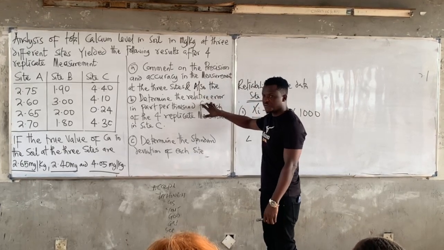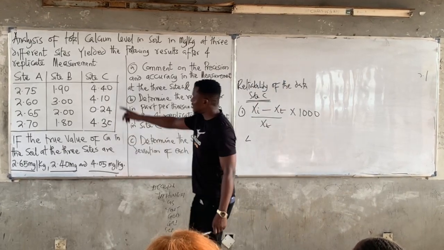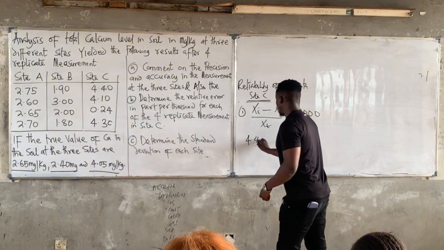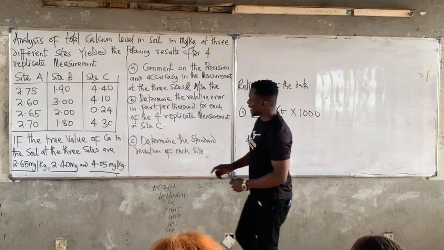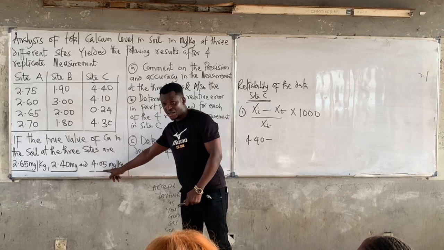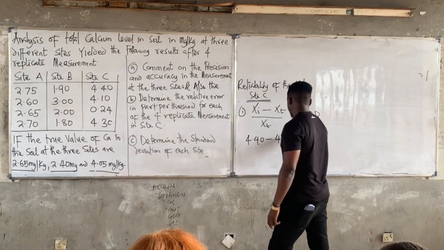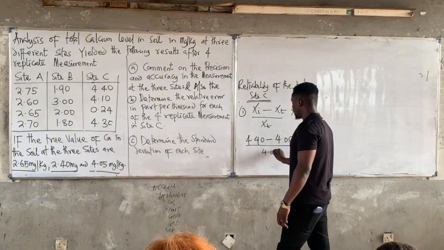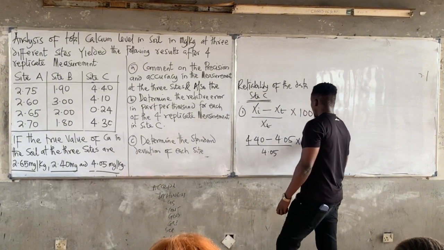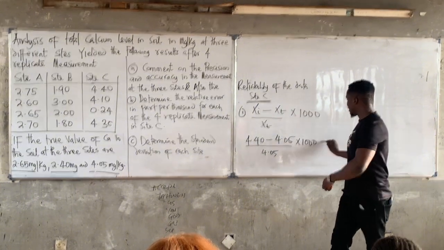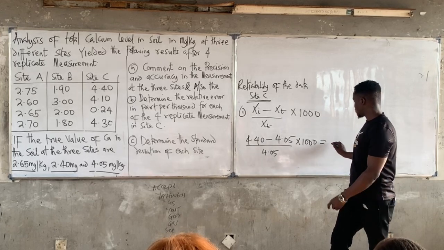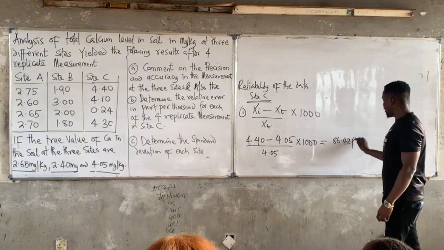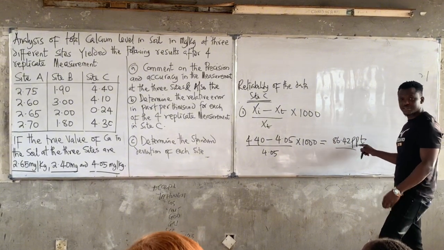But let me just start to solve for this B. So for site C, this is the first value. 4.40 minus the true value, which is 4.05, divided by 4.05 times 1,000. Please, what's the answer there? 86.40. Please, put ppt, parts per thousand.